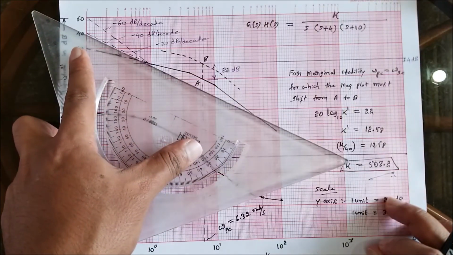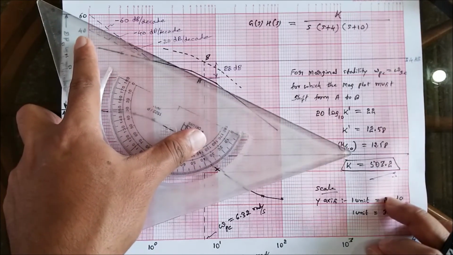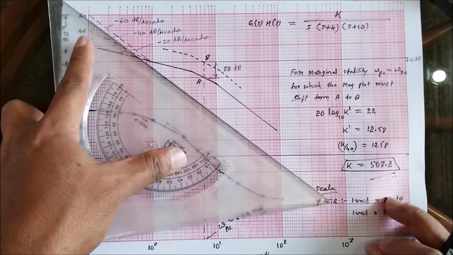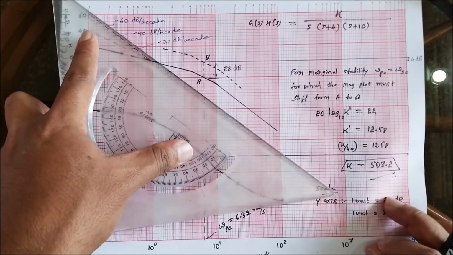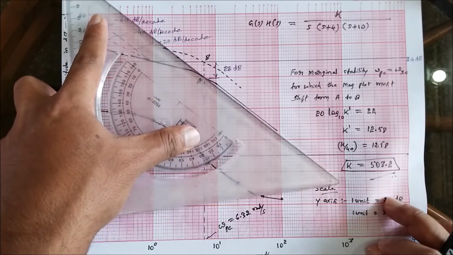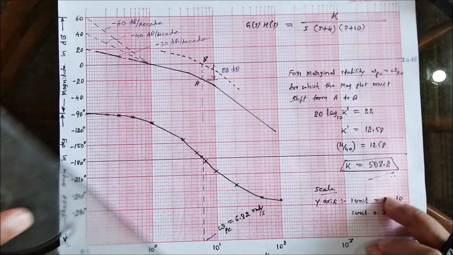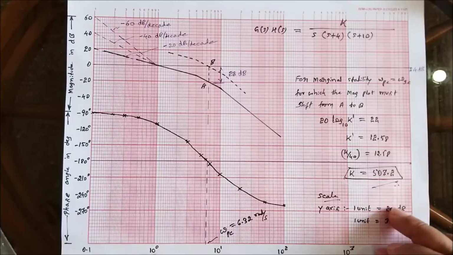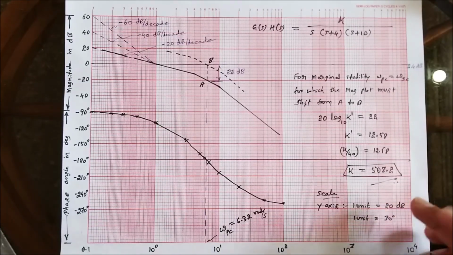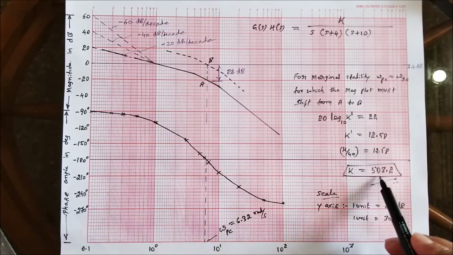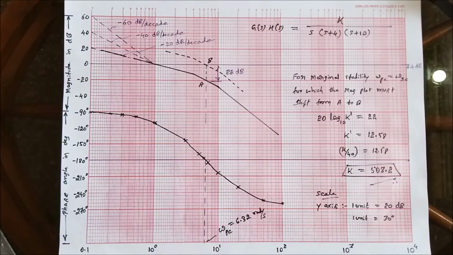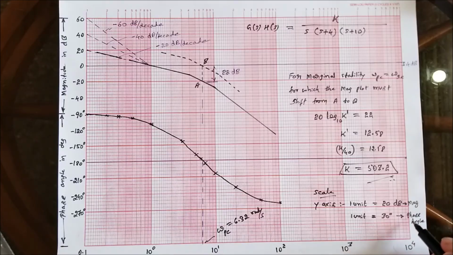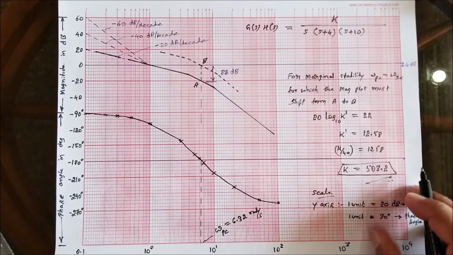Like for 40 I drew a parallel, and similarly for minus 60, by sliding the scale. To avoid errors, make use of a roller scale. So this is the answer I got: K is equal to 503.2. This is for magnitude and this is for phase angle. That is the scale for the y-axis.